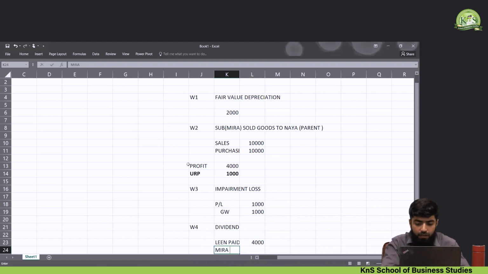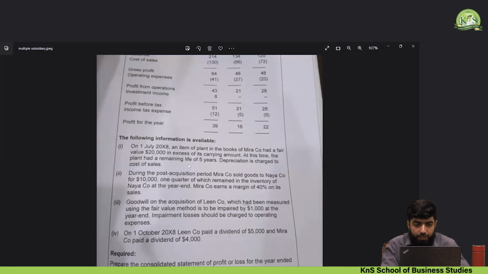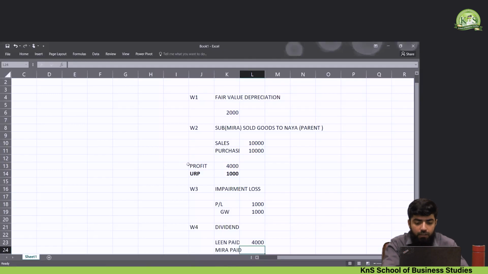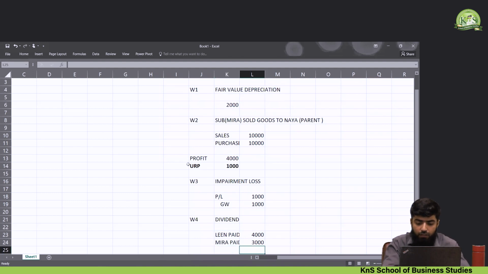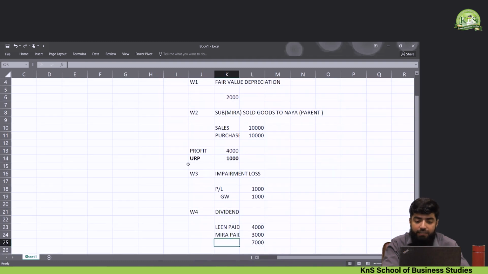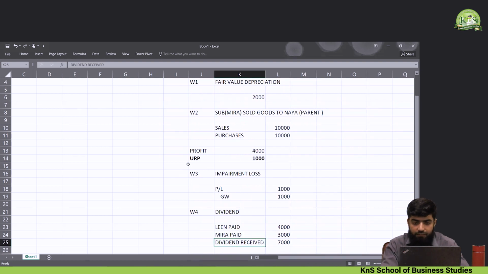Mira paid a dividend, and 75% of 4,000 will make 3,000. It means the total dividend received by the parent company, that is Naya company, is 7,000.